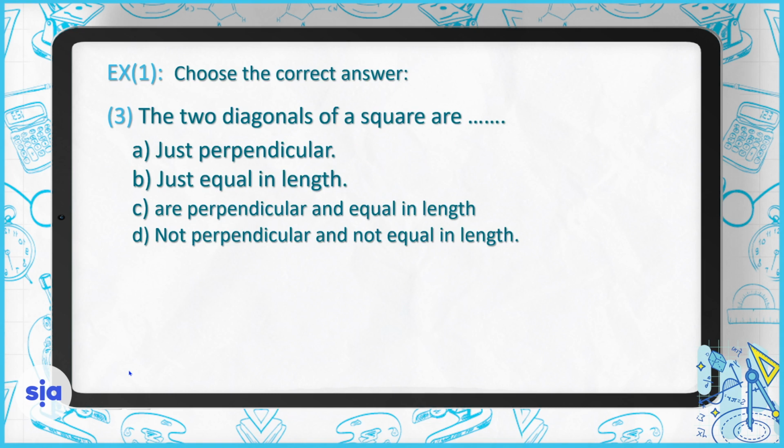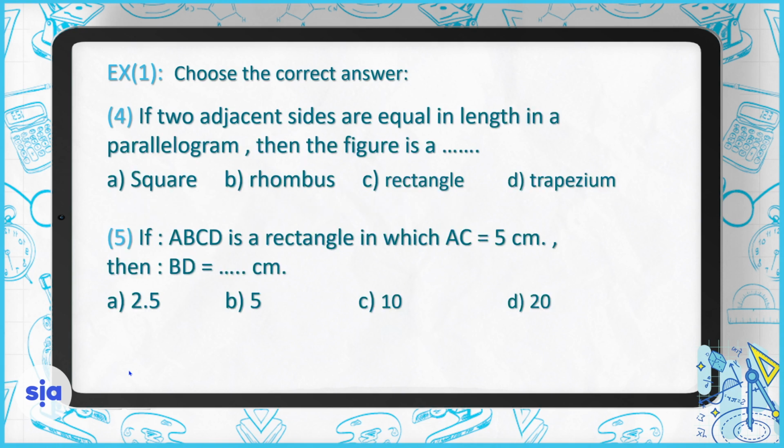The two diagonals of a square are perpendicular and equal in length. Question 4. If two adjacent sides are equal in length in a parallelogram, then the parallelogram is a rhombus. Question 5. If ABCD is a rectangle in which AC is 5 centimeters, what is the length of BD?